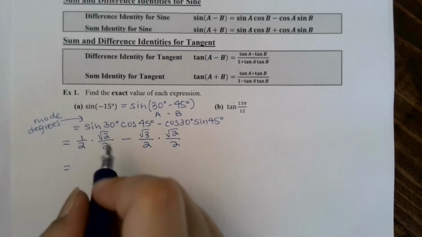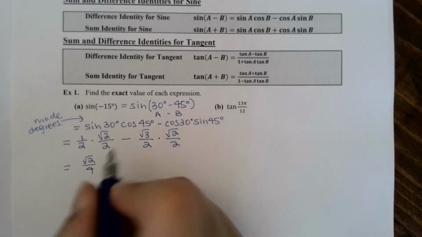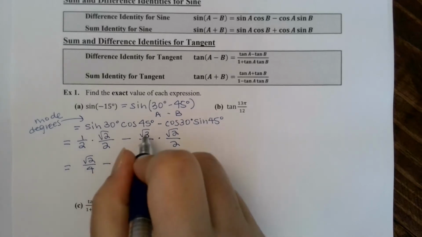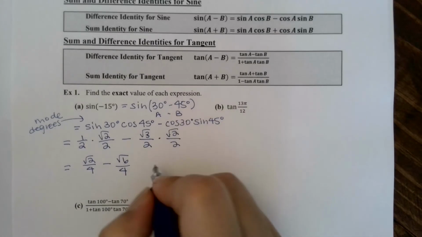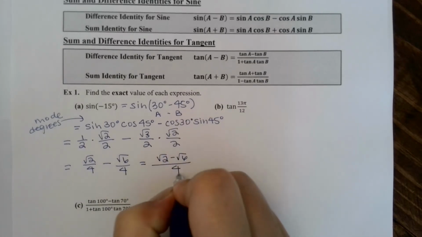If I multiply these out, I have square root of 2 over 4 minus square root of 6 over 4, which I can write as square root of 2 minus square root of 6 over 4.